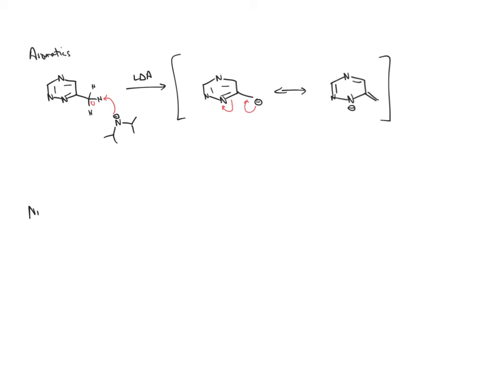And the final one are the nitro compounds. And so let's say we have this nitro compound, and don't forget the Lewis structure of a nitro group. Okay, we got an alpha CH right there, so if we were to treat with LDA, again, we've got kind of ketone or enolate-like reactivity here.